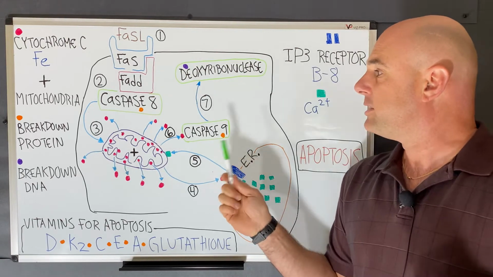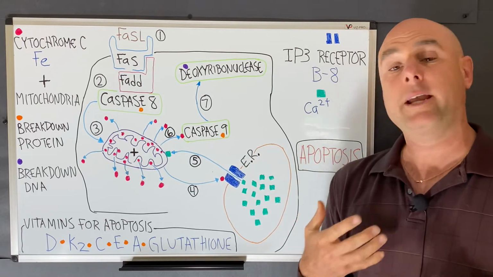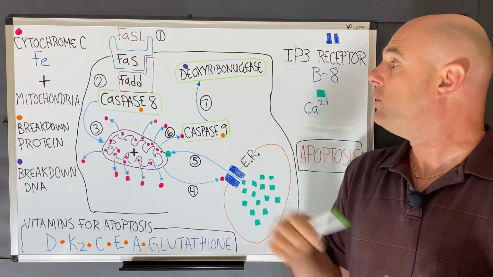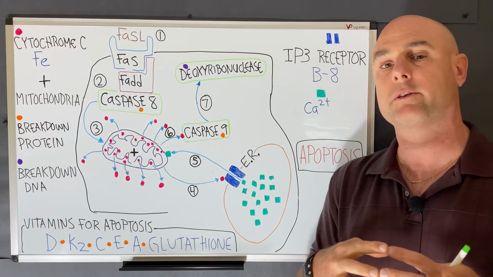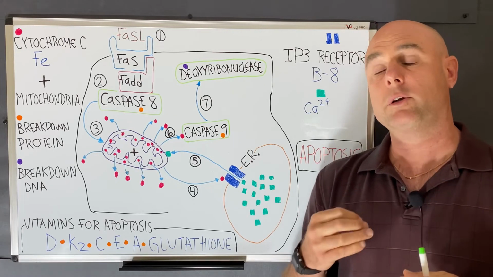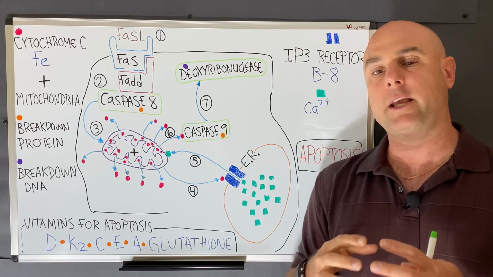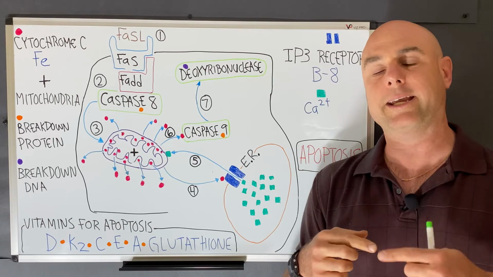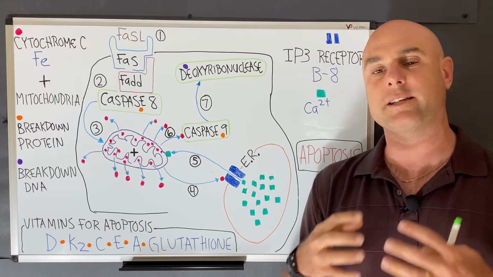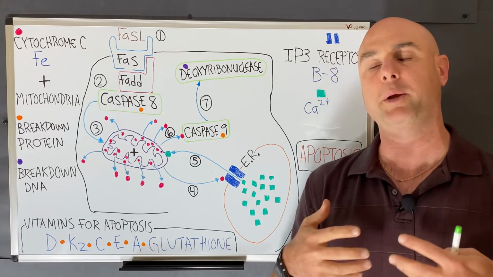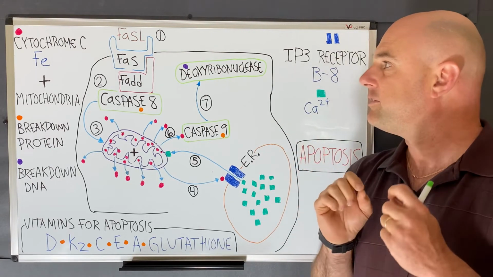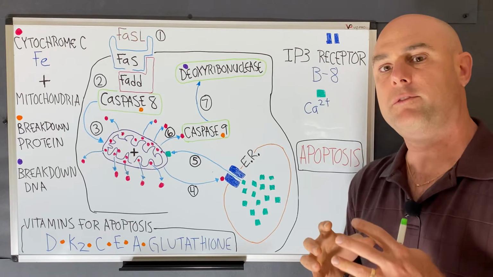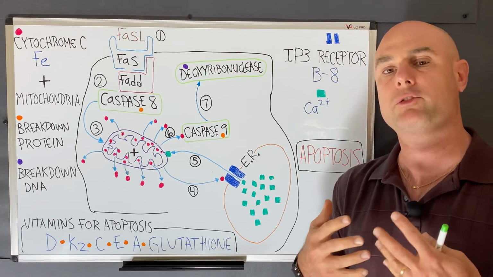Now, this caspase 9 is breaking down proteins, but it also activates another enzyme called deoxyribonuclease. Deoxyribonuclease breaks down our DNA for us into nucleic acids, which allows cells in the environment to pick it up and use it. So that is basically just a small fraction of this apoptosis pathway.